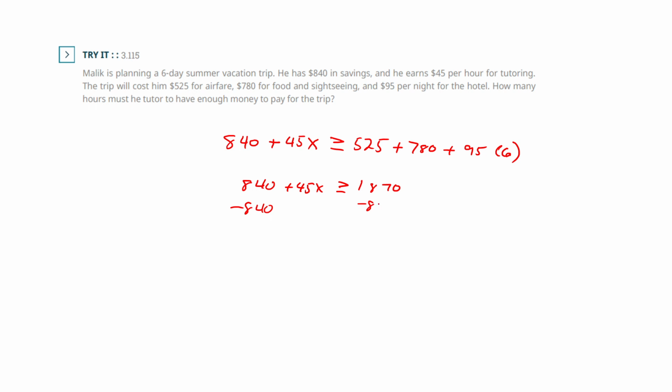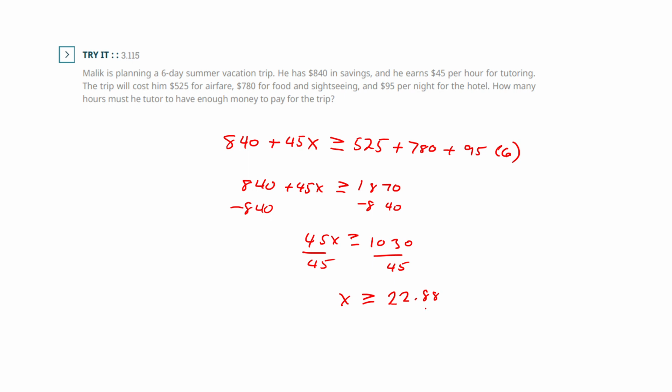We want the factor puzzle to be last, so we're getting rid of the 840. Divide both sides by 45. I've got 1030 divided by 45. So x is 22.88 hours.